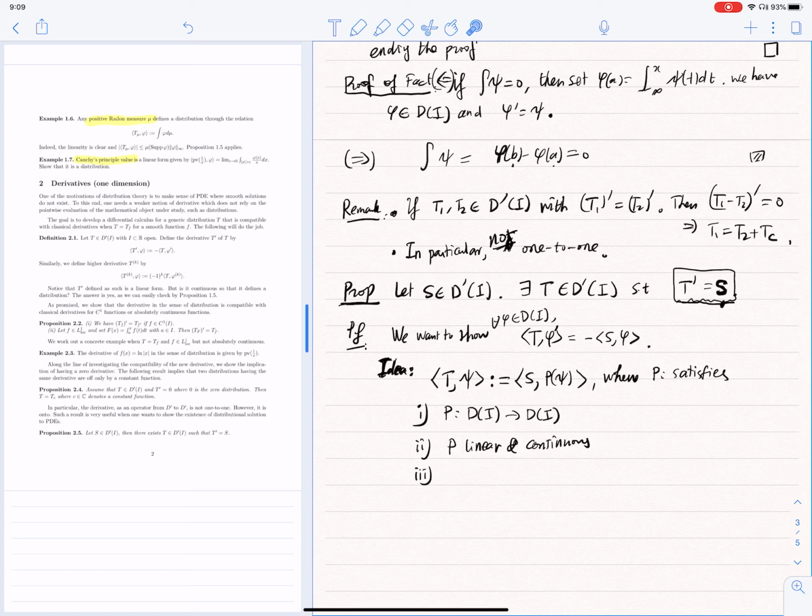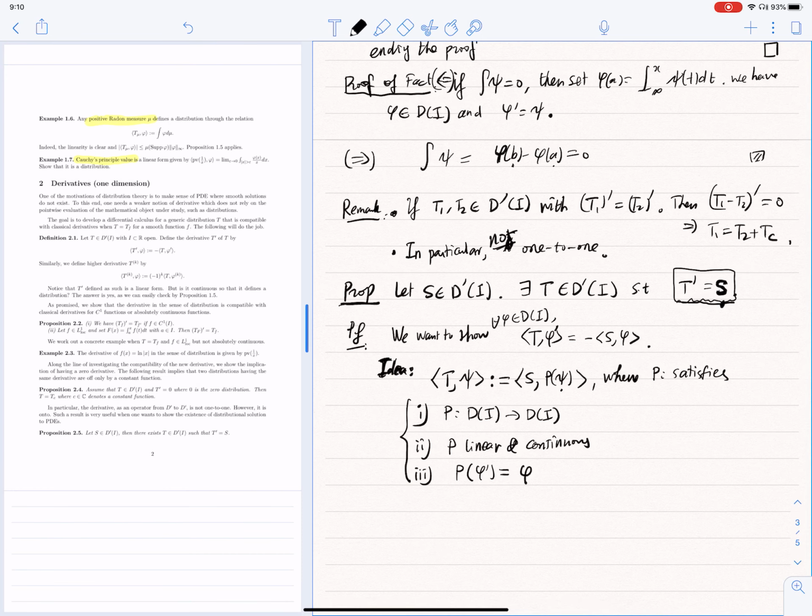There's no reason an arbitrary P would satisfy this differential equation, so the last requirement is related to that. If we apply P to phi prime, according to the differential equation, when we put psi equal to phi prime, we should have P of psi equal to phi, and this is the third requirement.